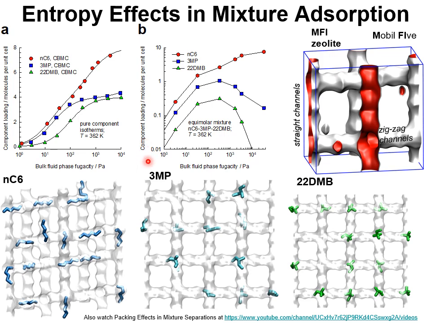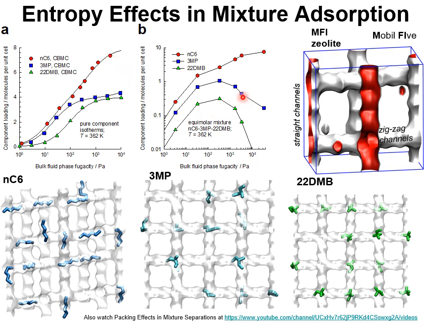We see that with increasing bulk fluid phase fugacity, this is the total fugacity of the gas mixture, the adsorption gets increasingly in favor of the normal isomer because of entropy effects that favor normal hexane that has the higher saturation capacity.